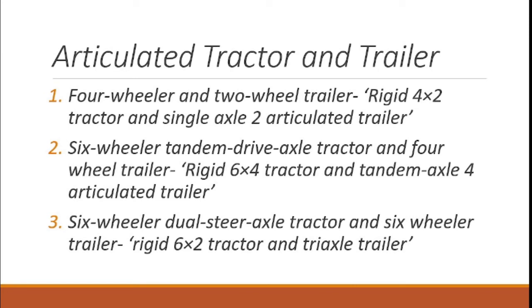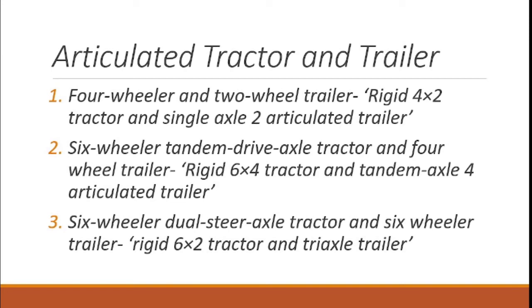Then we have a 6-wheeler dual steer axle tractor and 6-wheeler trailer. It means that at the front you have a 6x2 tractor, and at the back you have a triaxle trailer. A triaxle trailer means 6 wheel locations at the trailer, which means much more payload.